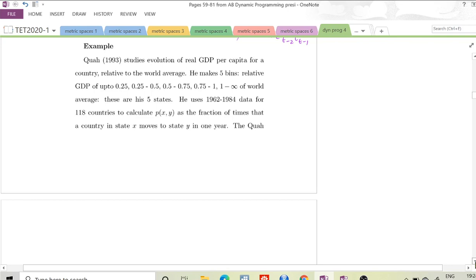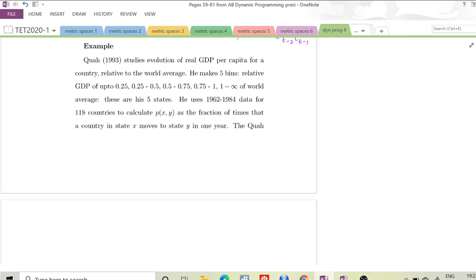So this is a very well-known study. Very frequently cited, because it was seminal work when it came out in 1993.